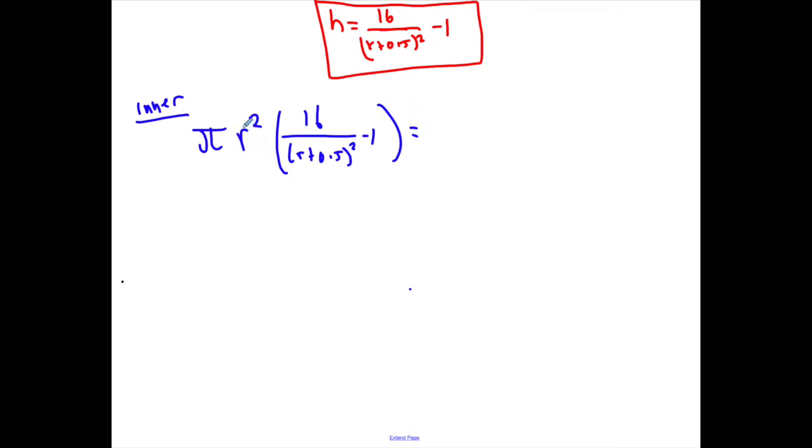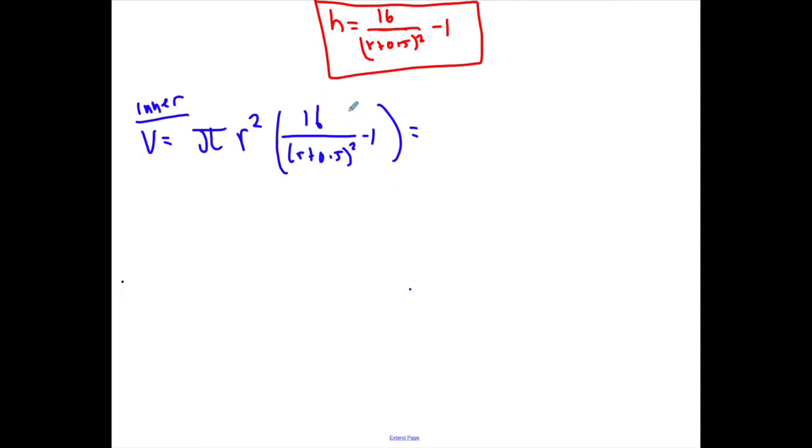Now, since this function depends on r, I'm going to distribute the r into it, but I'm going to leave the pi out. That's because I know I'm going to have to do a derivative, and the pi can be taken out of the derivative as a constant, since pi doesn't depend on r. Otherwise, I'm going to have to use the product rule, and that's going to get really messy.